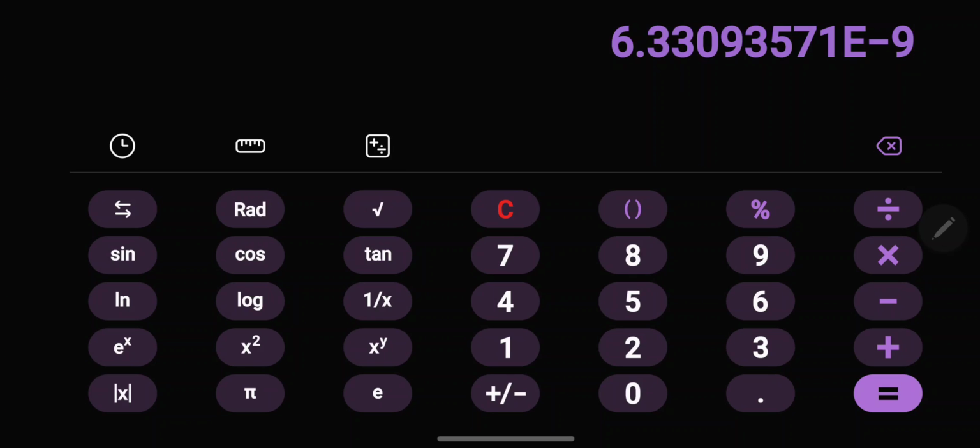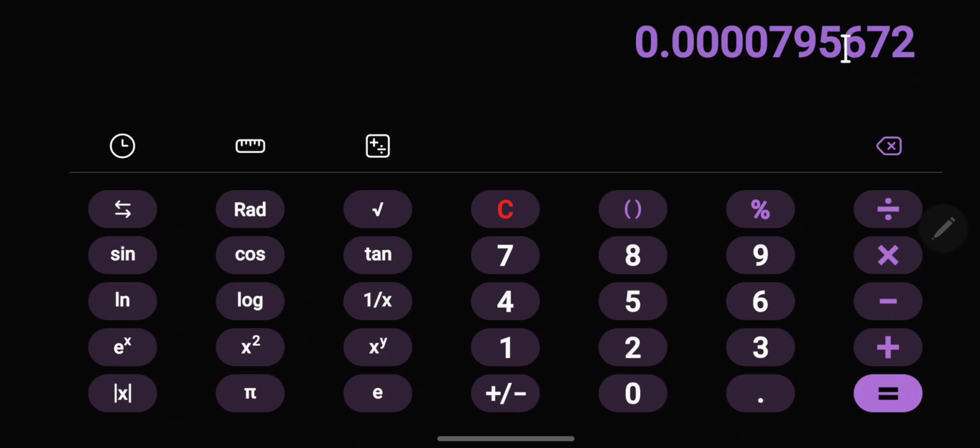I'm not really sure if this is correct, but okay, let's see. I think something is wrong with the way I punched the calculator. So this is actually correct. I think I punched the calculator wrongly. So this is 0.000079. So we'll find a way to represent this in standard form.